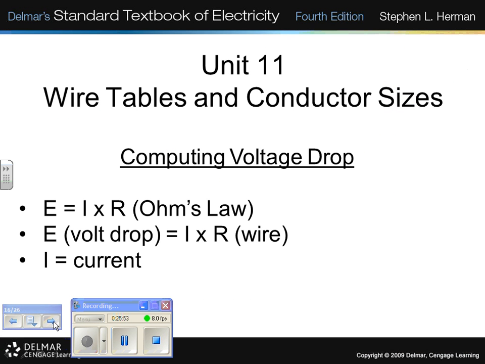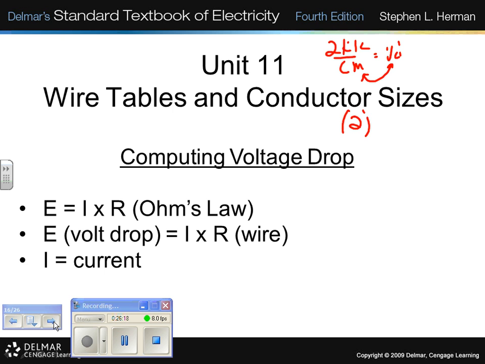Wire tables and conductor size. Yeah, we know all that. And I'm glad we have a little space on this slide because we're going to mess it up pretty good. And we have 2 K I over circular mil gives me VD. That's what I say to remember the formula. But we want to exchange these two again because we want to find the wire size we want to use to get our proper wire size without doing something else first.